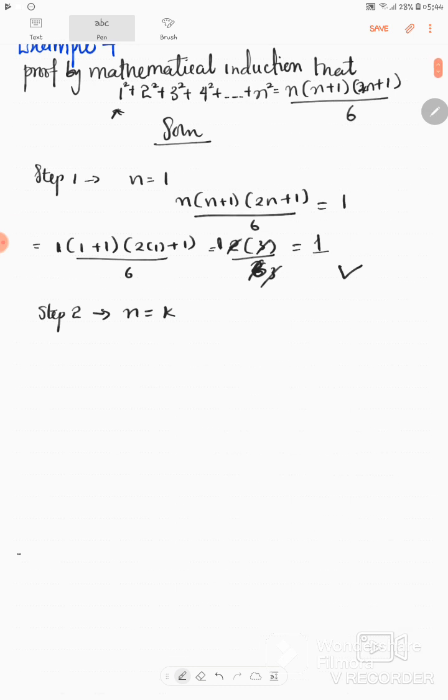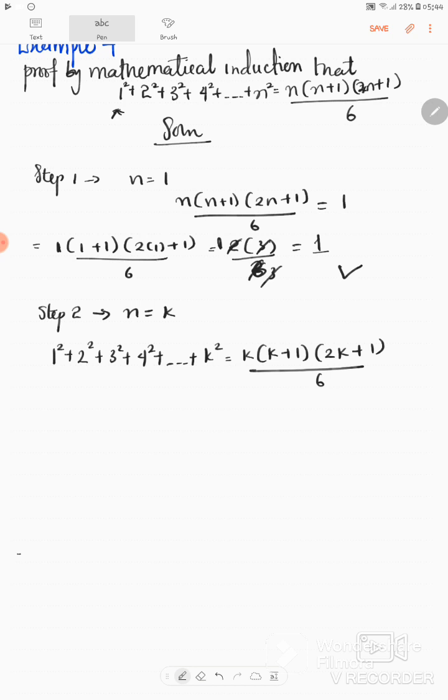Now let's start by saying 1 square plus 2 square plus 3 square plus 4 square plus all the way plus k raised to power 2 equals k open bracket k plus 1 close bracket open bracket 2k plus 1 close bracket all over 6. That is, when you see n you put k. This is the second step achieved. First step achieved, second step achieved.